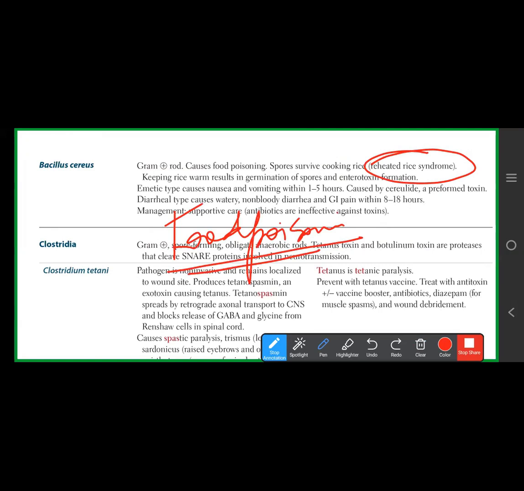You have to keep the rice warm, and when you keep the rice warm, it causes germination of the spores, and it causes enterotoxin formation. So what is that toxin, they will ask you. This toxin is called cereulide. It's a preformed toxin.